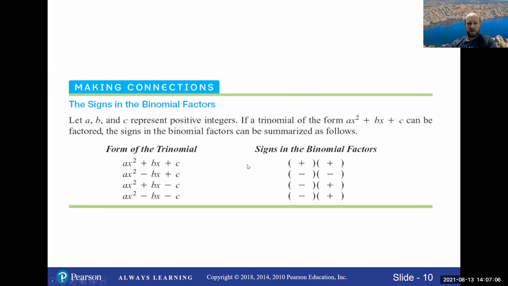And if that's how you did it, and if that's how you learned it, that's perfectly fine. You don't have to split the middle term. Sometimes it's good to know these. And if you want to look at those examples in the book and those videos, if you watch the Pearson videos, they might teach it a little bit differently than I do, and that's perfectly okay if you are more comfortable with factoring by FOILing in reverse.